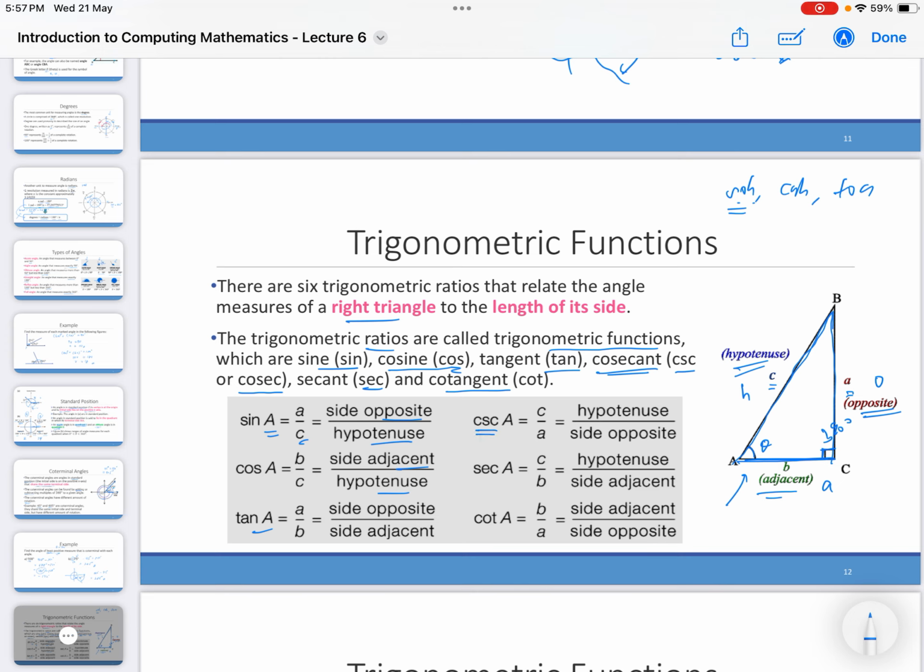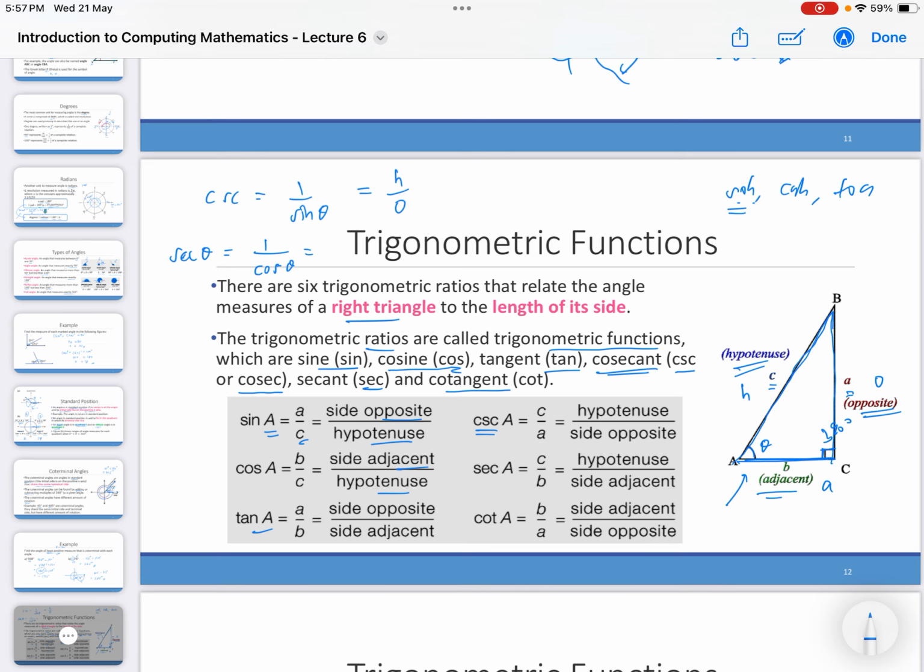Cosecant equals 1 over sine theta. So if sine is opposite over hypotenuse, cosecant will be hypotenuse over opposite. Secant theta is 1 over cos.